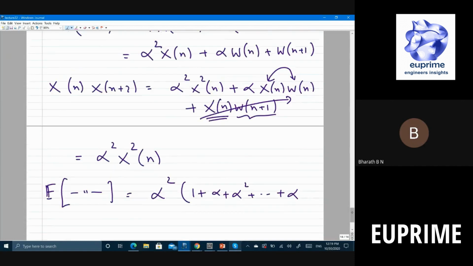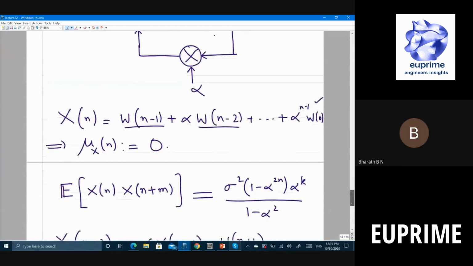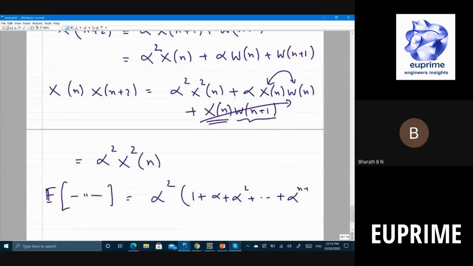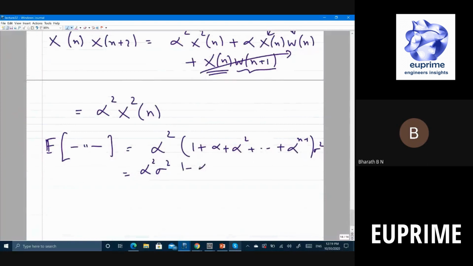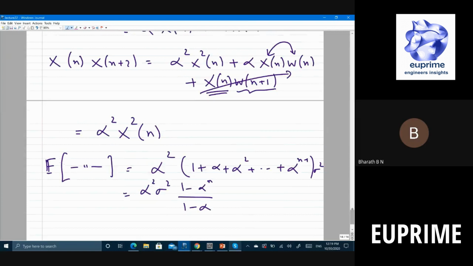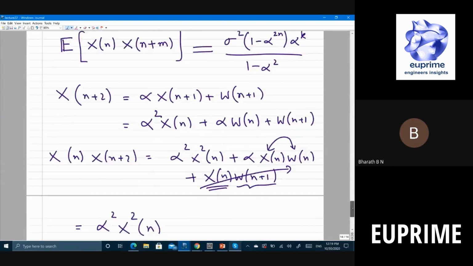Alpha power x of n is what? Alpha power n minus 1. So this is, well, into sigma squared. So this is alpha squared sigma squared times what? You get this geometric series, right? 1 minus alpha power n divided by 1 minus alpha, right? Is that correct?